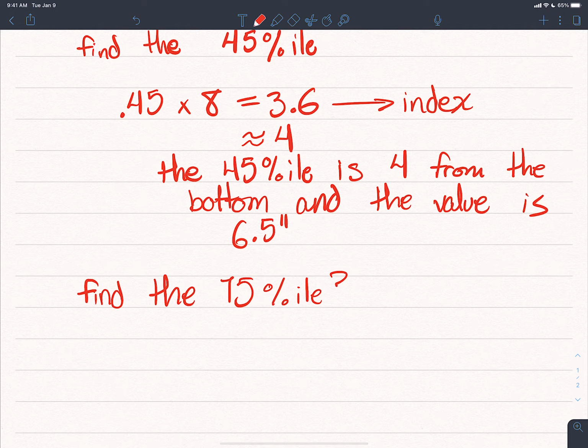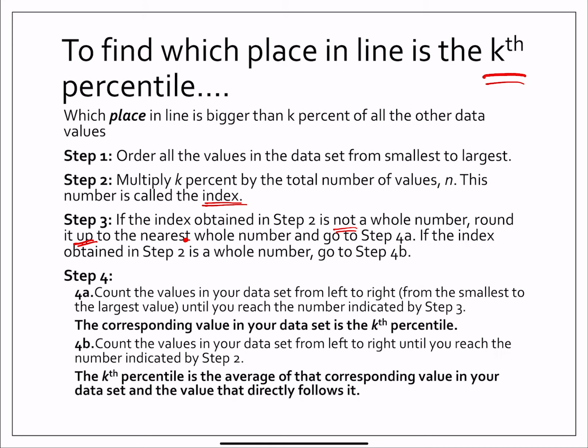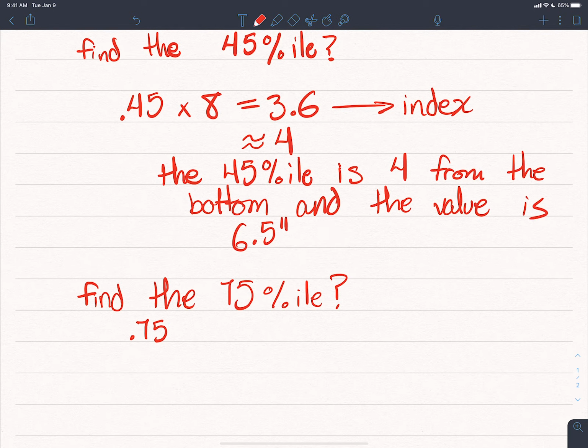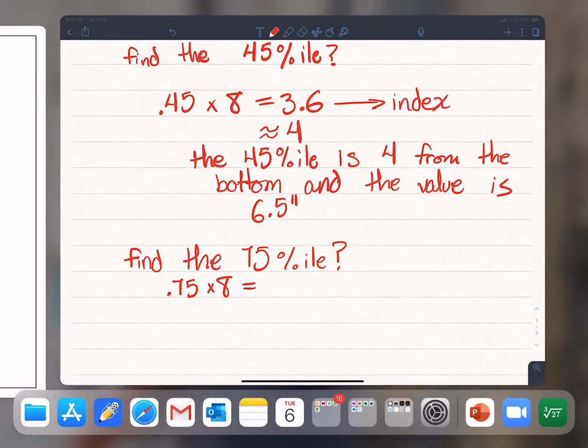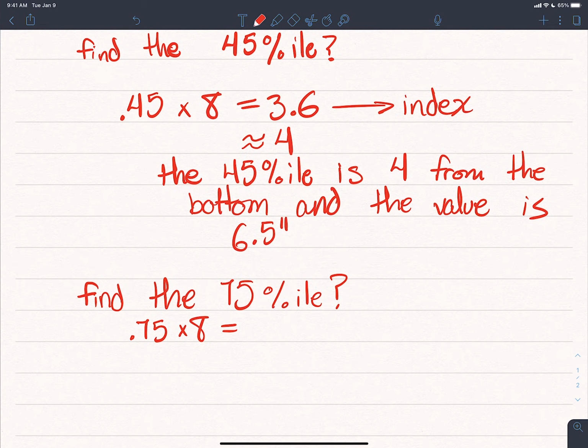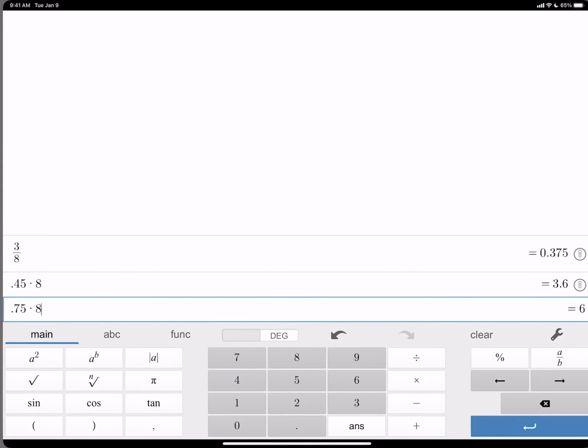For the 75th percentile, what was step 1? Step 1, order all the values. Well, we already ordered those values. Then we need to multiply k% by the total number of values to find the index. So the percent is 75 here, so we're going to multiply 0.75 times 8, right? So let's pull out our calculators. 0.75 times 8, and we get 6. Now we go back to our steps.